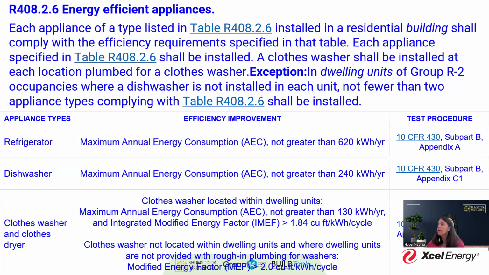Ted has a question: will ResCheck recognize the option, or do you look for the percentage reduction? That is an excellent question, Ted, and I would have to say I have to play in ResCheck a little bit more to find out. I know in the past they have shown when you're going in there and you click one of the options, if you didn't meet that particular additional efficiency package, it wouldn't count it as you passed.